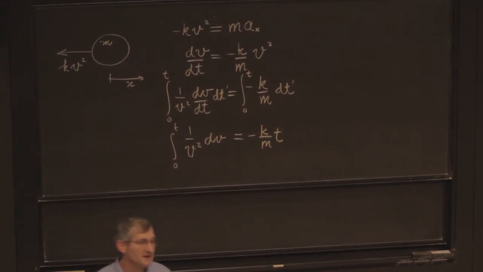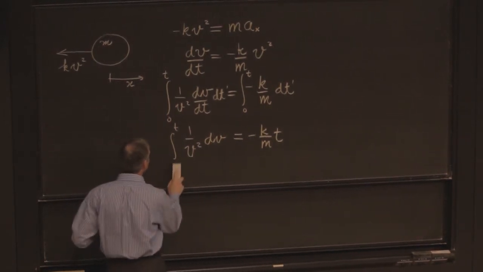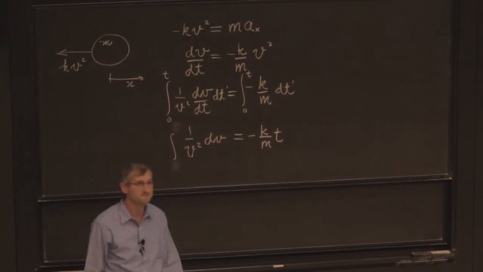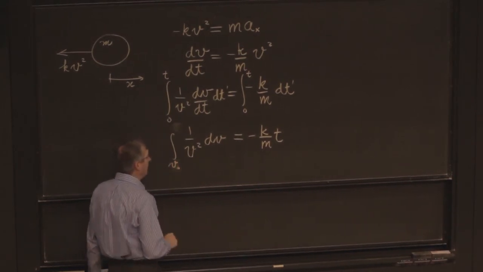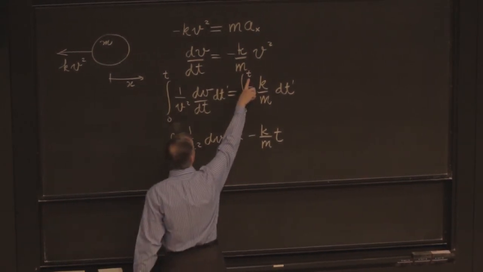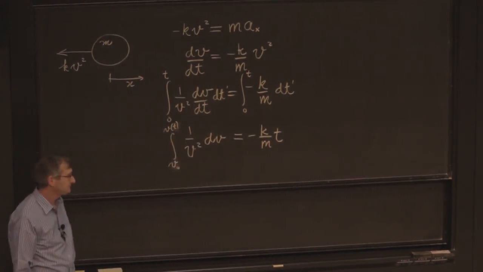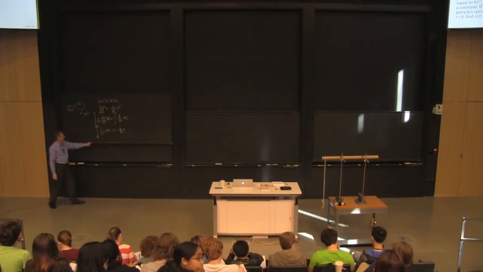No. What's wrong with it? The limits have to be expressed in terms of the variable v. So that's not a legal move. I erase. What limits now should I be using? Some v naught up to a v that's going to correspond to that time t. Agreed? Okay.